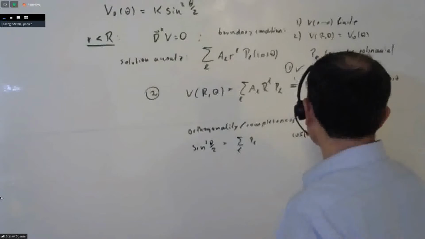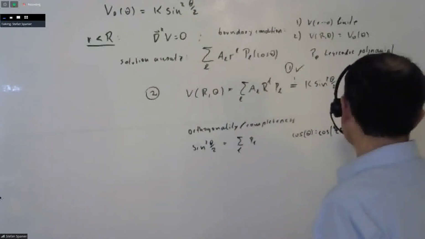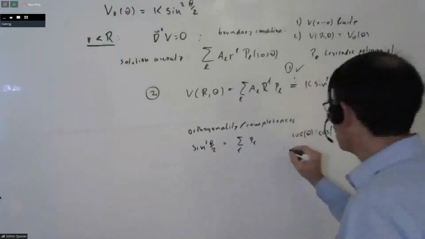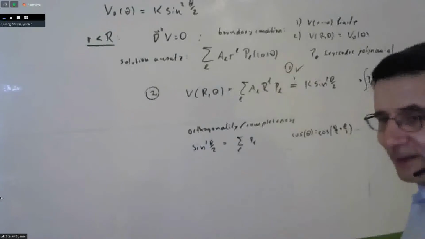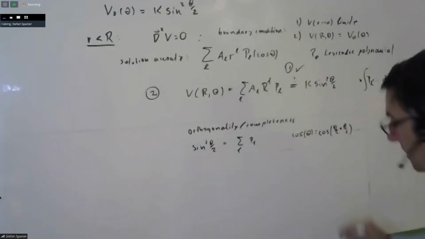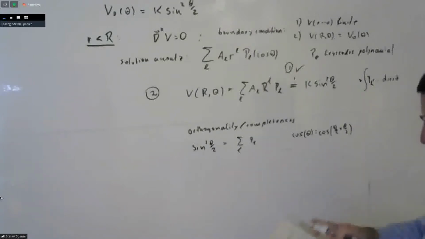So cosine theta is cosine of theta half plus theta half. Now you use that this is cosine squared theta half minus sine squared theta half. Or you have a couple of these relationships on your cheat sheet. How can I re-express cosine in terms of sine squared? Or you develop it. I mean, this is straightforward. I did it here on the sheet.